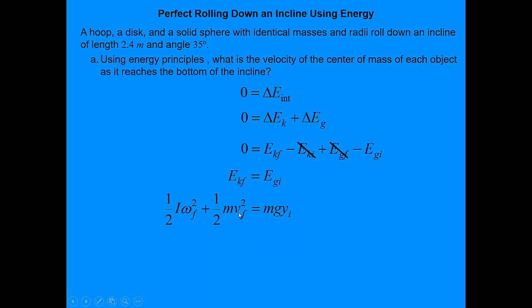Now, be aware that this V is really the speed of the center of mass. That's the one point that acts like a linear object. But we have some issues. We're trying to find the velocity of the center of mass of each object, but we've got this omega in there, which is related, but it's going to get in the way. So, a couple substitutions.